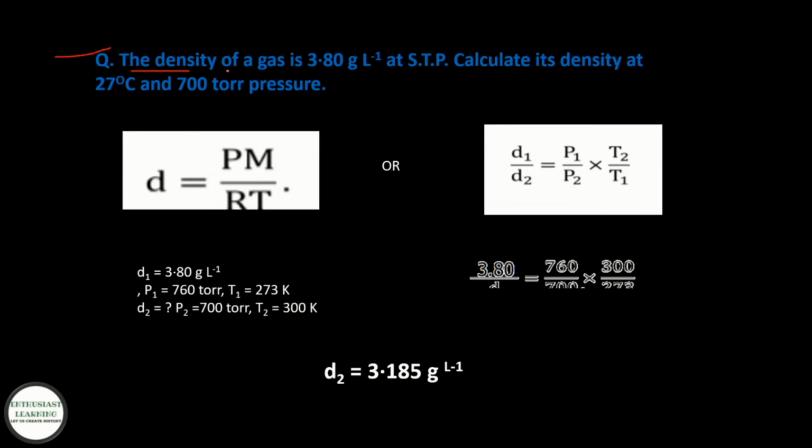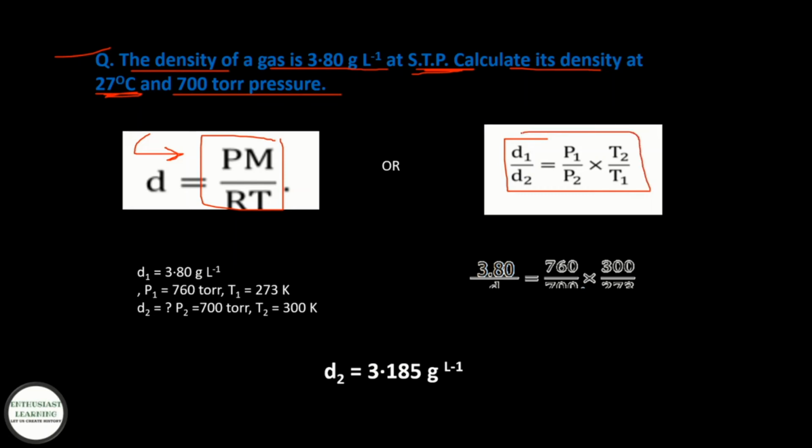Now question. The density of a gas is 3.8 gram per liter at STP. Calculate its density at 27 degrees Celsius and 700 torr pressure. Now, as we know that d = PM/RT, or d1/d2 = P1/P2 into T2/T1. So d1 is 3.8 gram per liter, P1 is equal to 760 torr, temperature 1 is equal to 273 Kelvin.